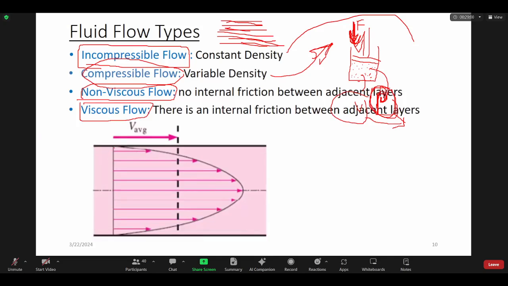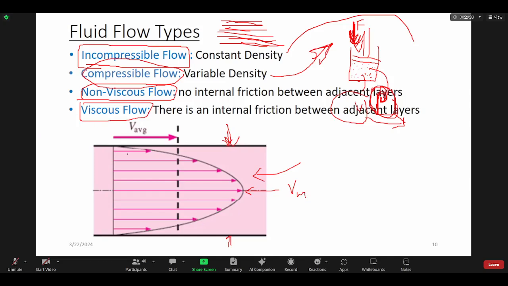You can see a velocity profile. This is a pipeline, this one is the pipeline surface, and this is the fluid. This indicates the velocity profile. In this area, velocity becomes maximum, Vmax.